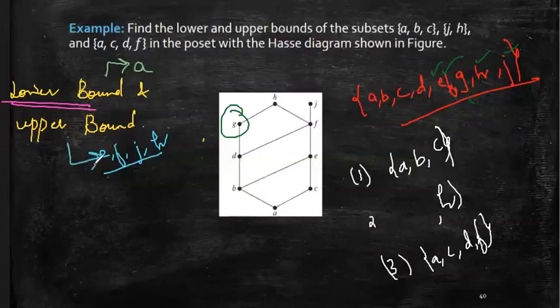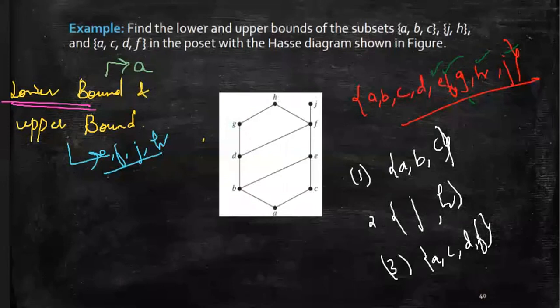Okay. Now we will take the next problem. For the next problem, we have the set J and H. For J and H, what is the lower bound? So let's solve for that. What are the elements lesser than J and H?